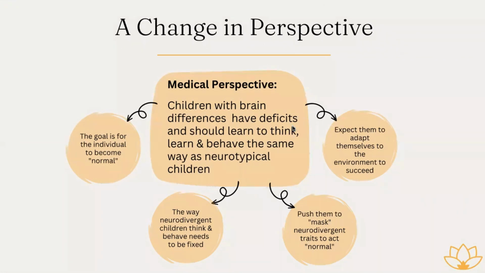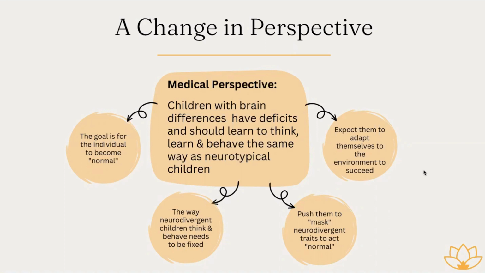And so if they were looking at a child with autism spectrum, they would expect them to adapt themselves to the environment to succeed, pushing them to mask neurodivergent traits to act normal, in the sense of what society perceives as normal. And then the way that neurodivergent children think and behave needs to be fixed. And the goal is for them to become, quote unquote, normal.